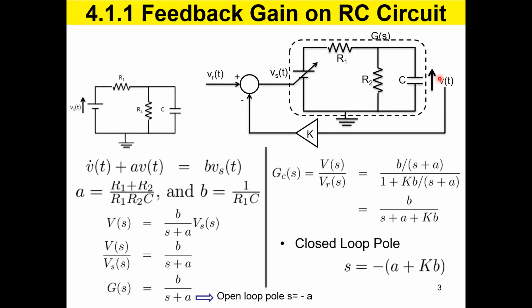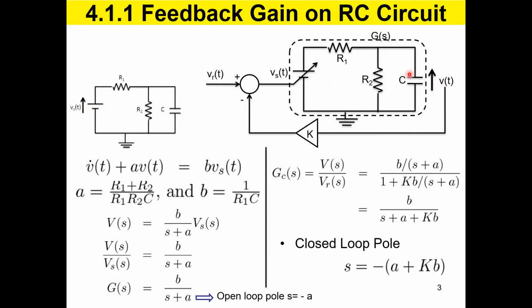Now, based on what we learned earlier, if you close the loop like this with the feedback gain K, the closed loop transfer function is V over VR. It's not V over Vs, that is the open loop.